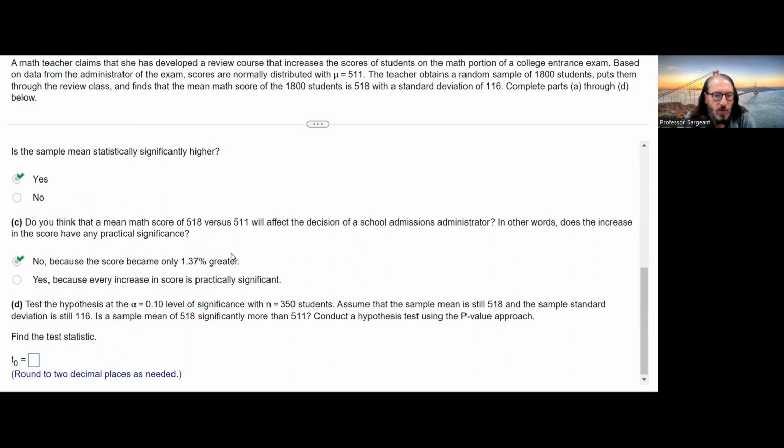So let's see here. Looks like this is the last part. What if, testing at the same significance level, we only had that information from 350 students instead of 1,800?